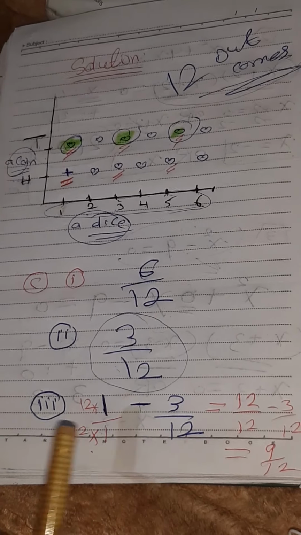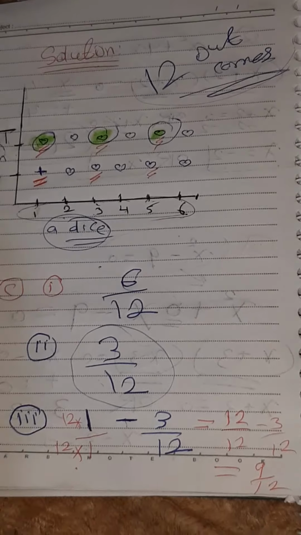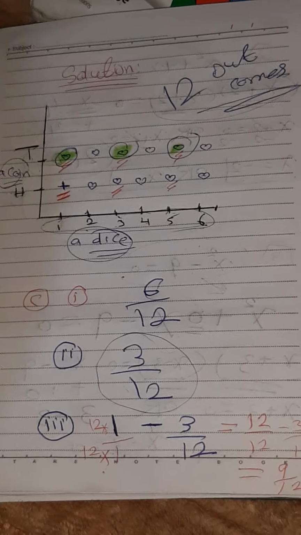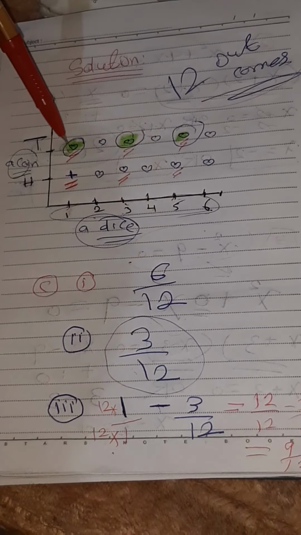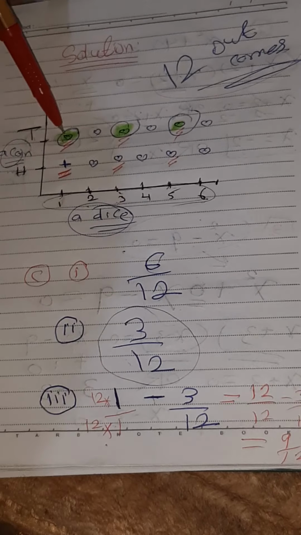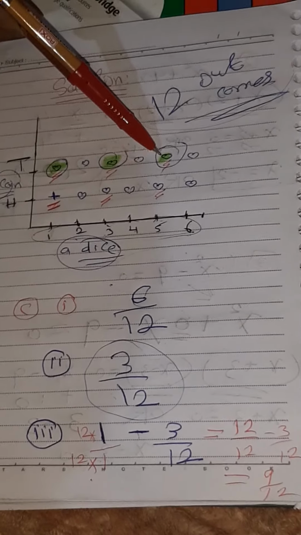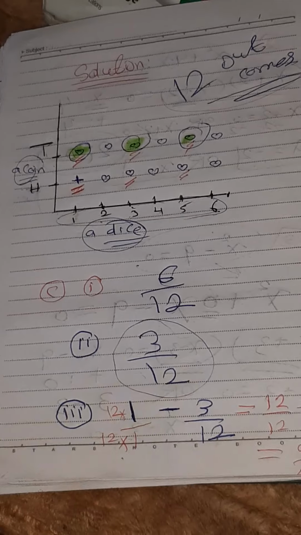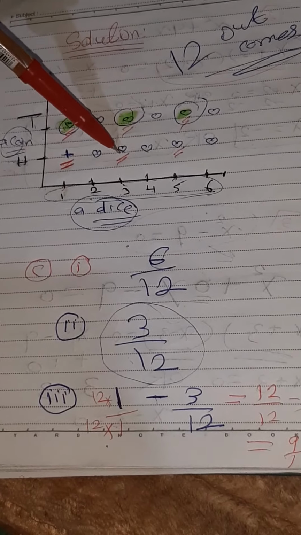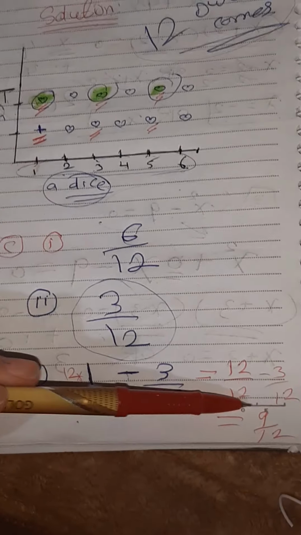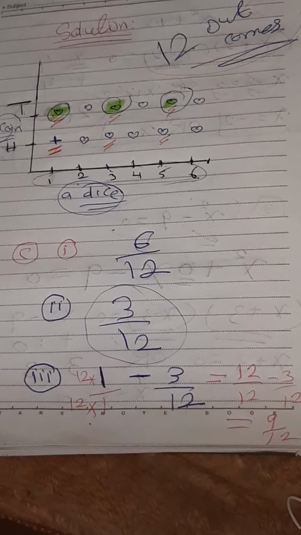For not, it is 1 minus 3 out of 12. And if you count here, we got 9 out of 12. Look, here is odd, here tail and odd, tail and odd, tail and odd. Not means the rest of the hearts: 1, 2, 3, 4, 5, 6, 7, 8, 9. Yes, 9 out of 12.